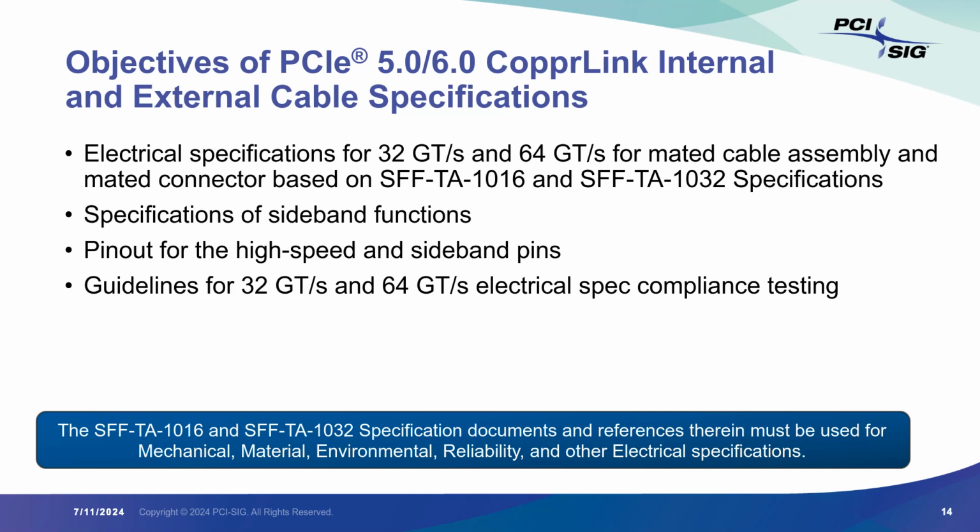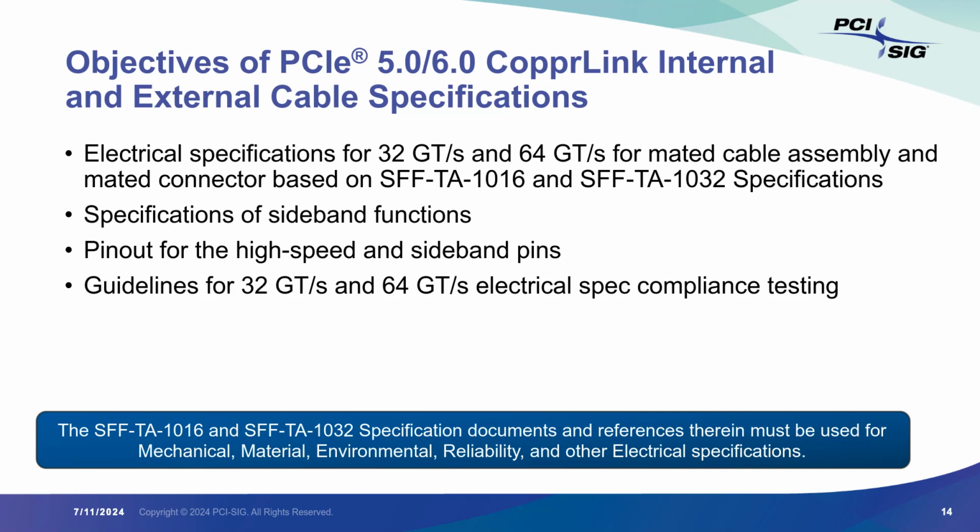The PCI-SIG specification focuses on the high-speed electrical specifications for 32 and 64 gigatransfers per second, covering both the mated cable assembly as well as the connector, based on internal SFF-TA-1016 and external SFF-TA-1032. We also specify the sideband functions, some basic, some extended, whose details will be covered, and the pinout for the high-speed and sideband pins.